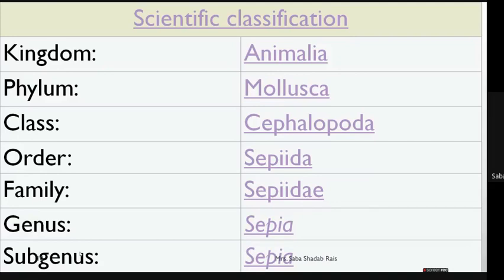When we talk about classification, Whittaker has given the five kingdom classification, and in that the Sepia belongs to Animalia. What are the other kingdoms?